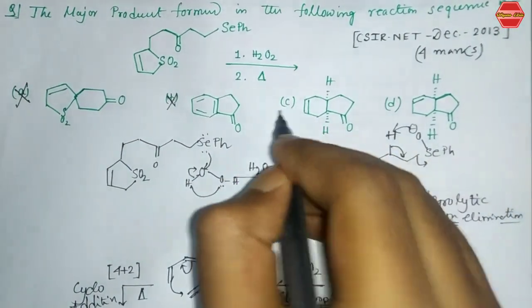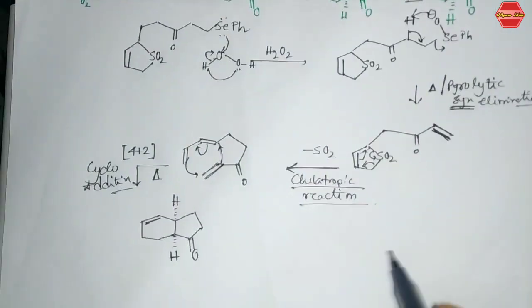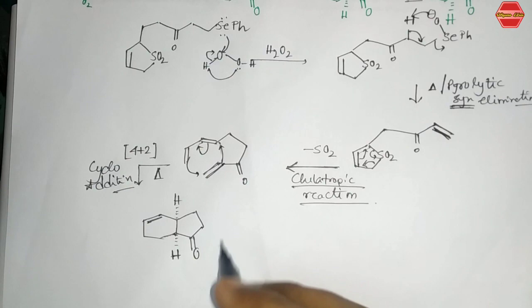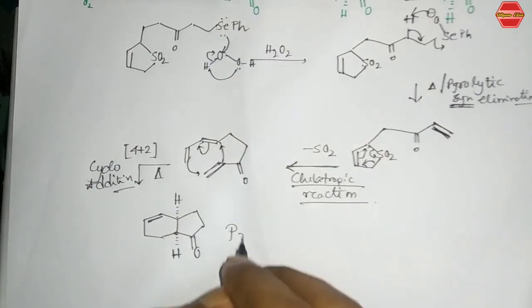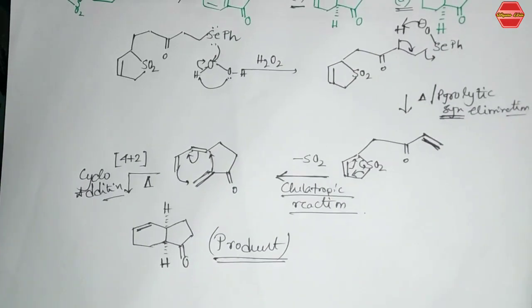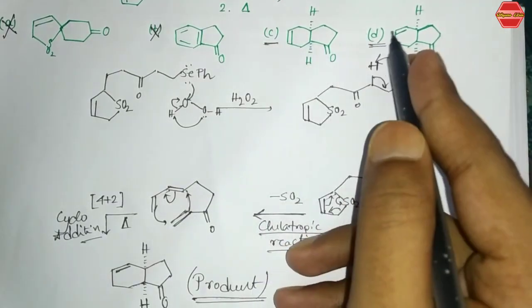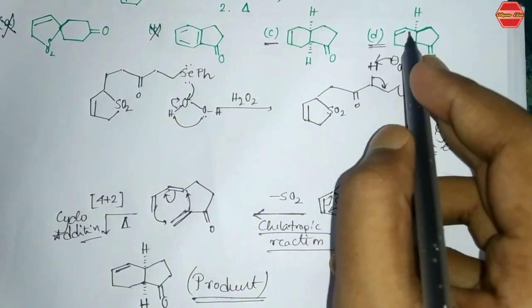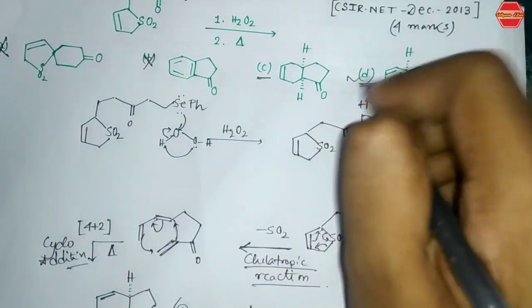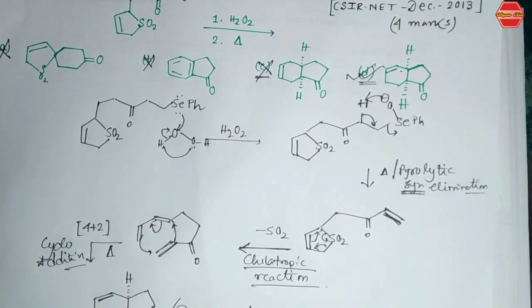So you are left with either option C or option D. This is your desired product by using the 4+2 cycloaddition, and you get the ultimate product, with the double bond over here. So option D is our correct option, and this one is also a wrong option.